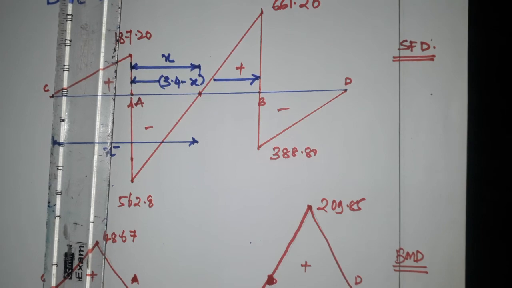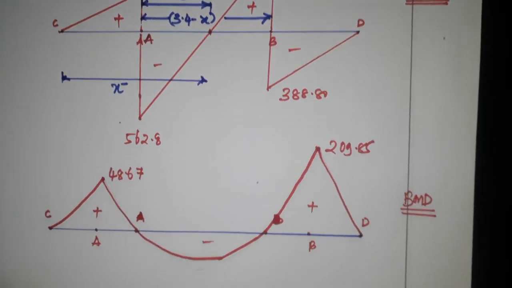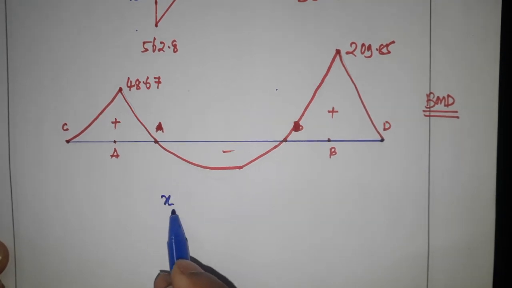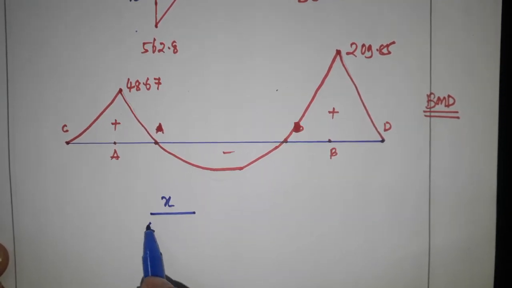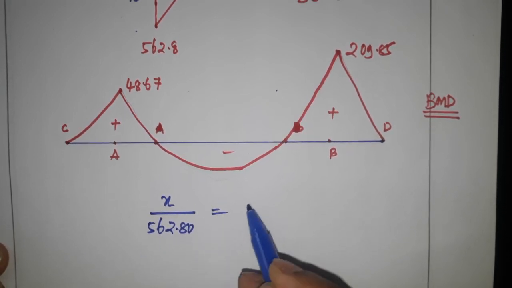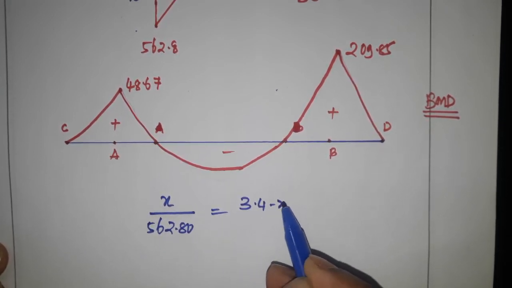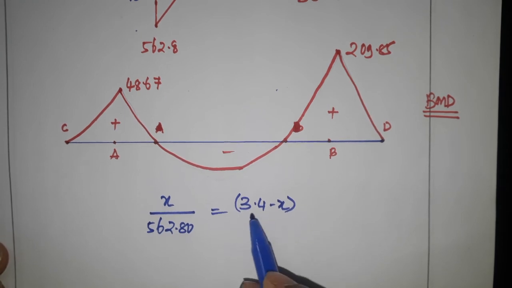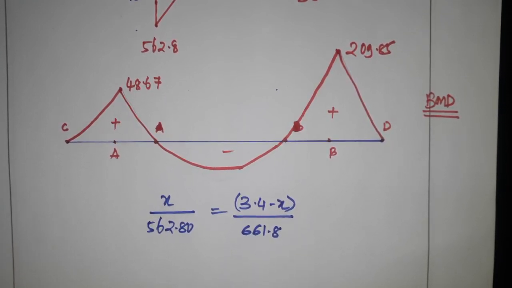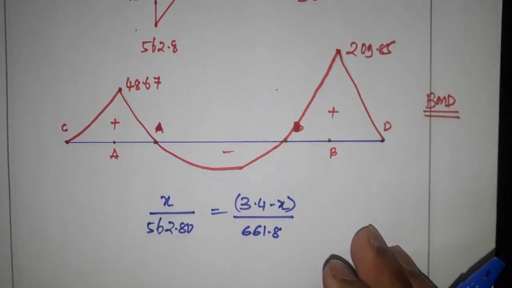Okay, understood? So therefore I can use the similar triangle method here. So that is x by 562.8 is equal to 3.4 minus x divided by 661.20.